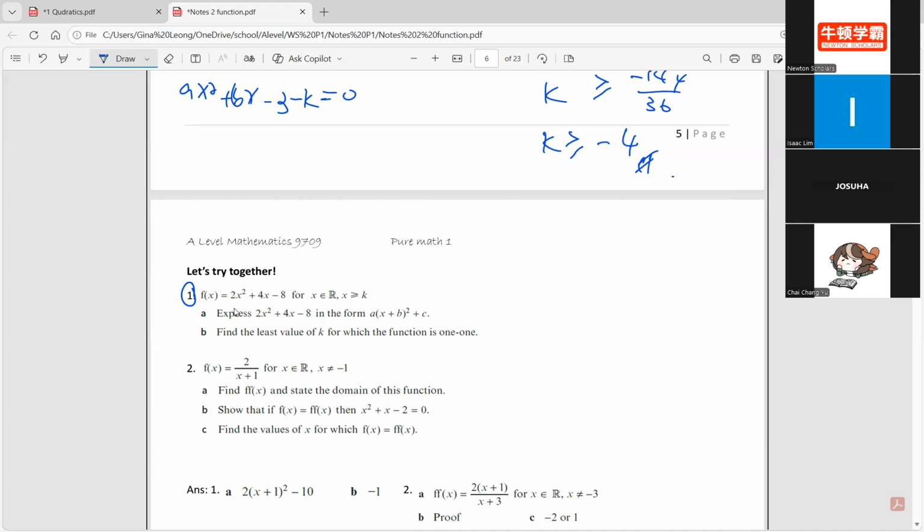Okay, the smallest value is x plus 1 squared. It must always be more than or equal to 0, right? So your k value should be -1. Okay, correct? You also can say this is your minimum point.